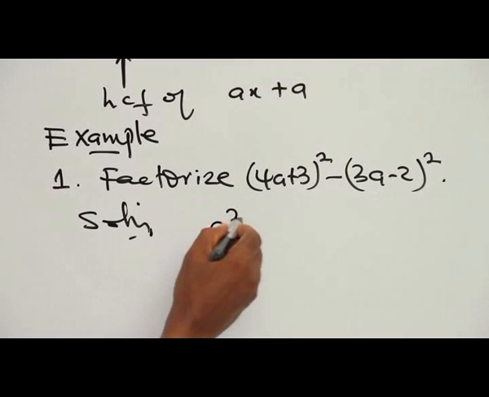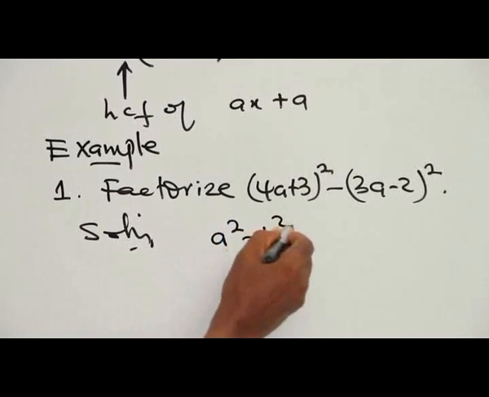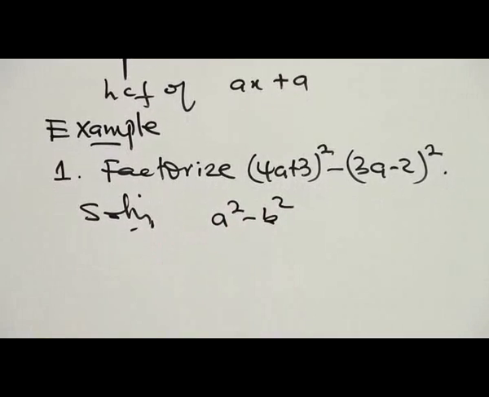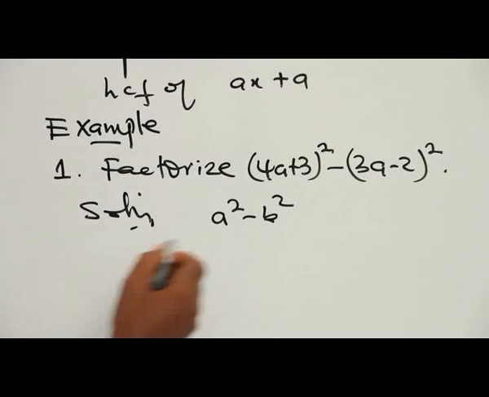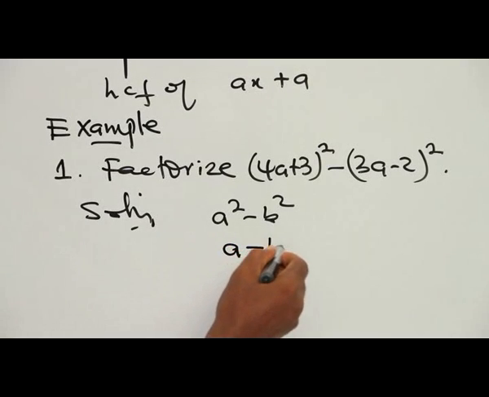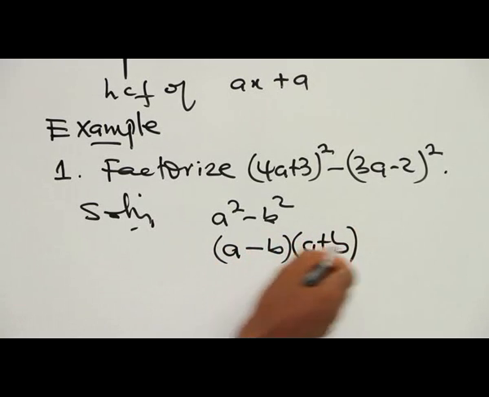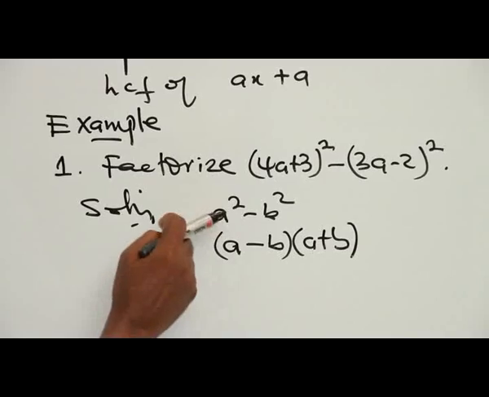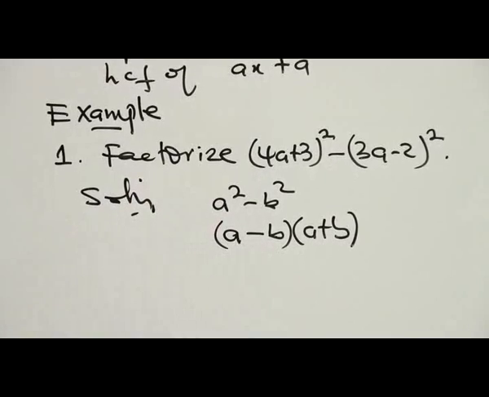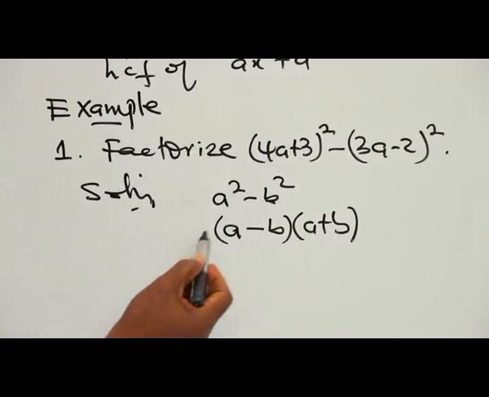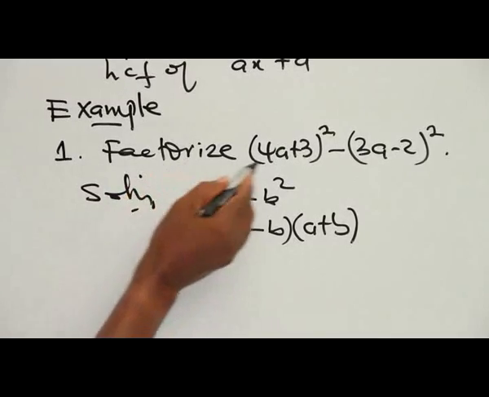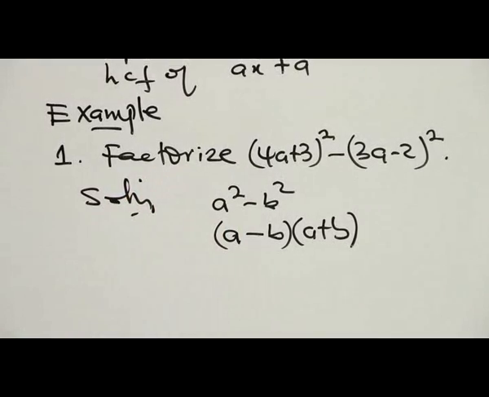Recall that a squared minus b squared is called the difference of two squares, and this is equal to a minus b into a plus b. As a matter of fact, this is the factorization of a squared minus b squared. We will now apply this principle in factorizing the given question.